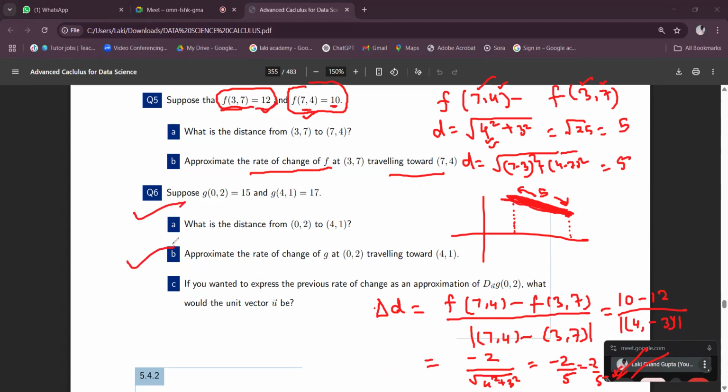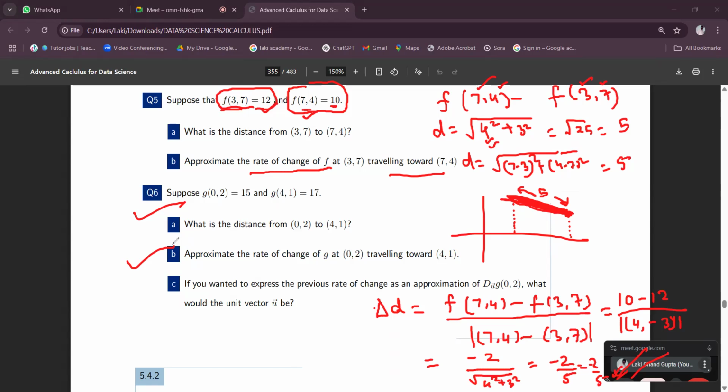Now, can you try this? Suppose we have g(0,2) equal 15 and g(4,1) equals 17. What's the distance between them? It's the same as above: 0 minus 4 square plus 2 minus 1 square.